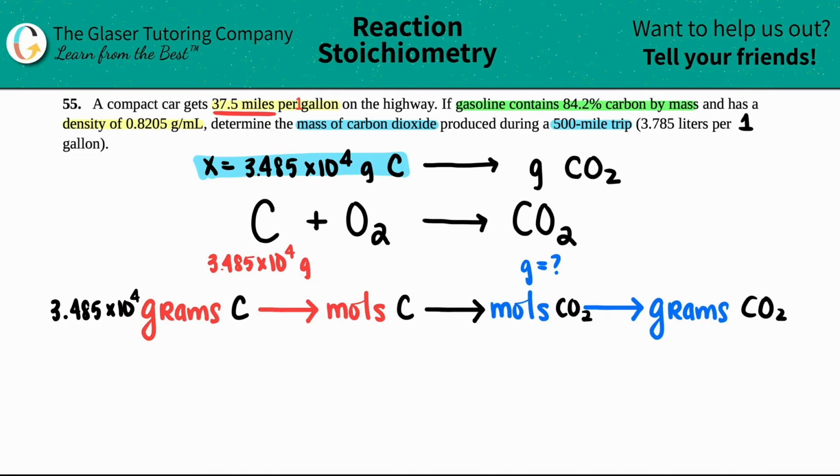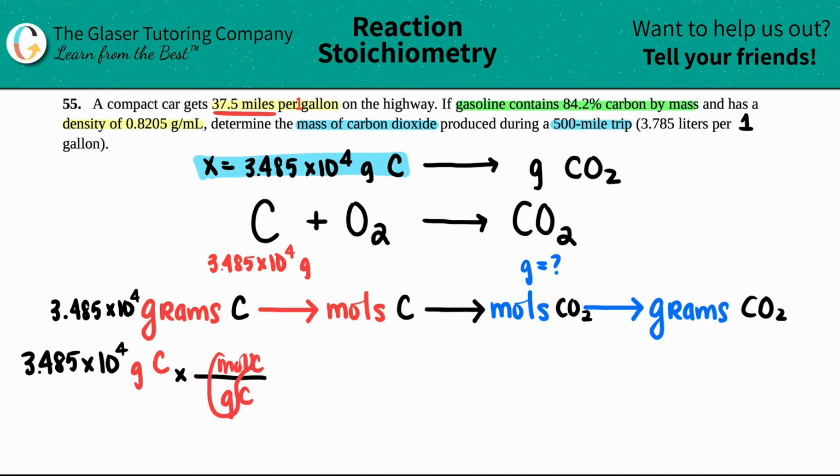Okay, so start with what you're given: 3.485 times 10 to the fourth grams of C. We need to convert using ratios. I'm going to multiply with my ratio. The unit that I don't want, which is grams, goes on the bottom, and I want to go to moles first, so moles goes up on the top.